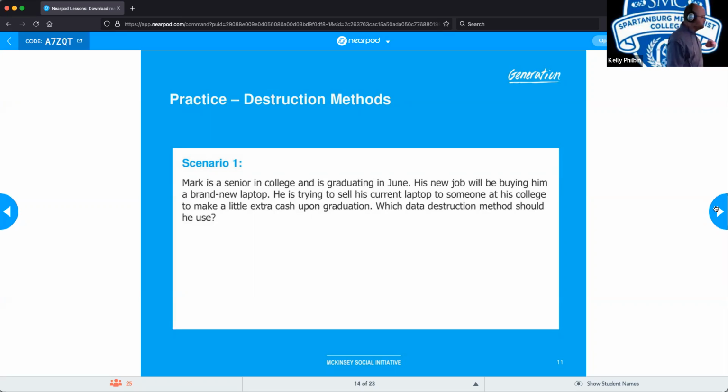Okay, so he's had a laptop that he's been using for college. He's selling it to somebody else in that college. What method do we think we should use to give that computer to them, and why?